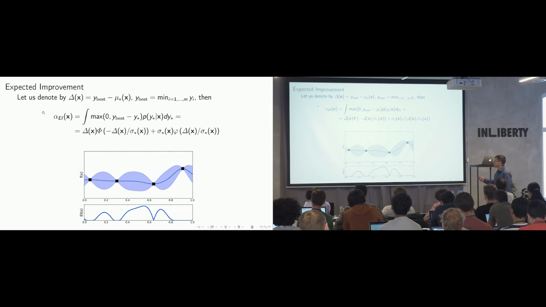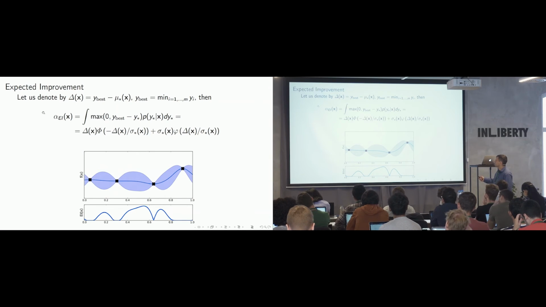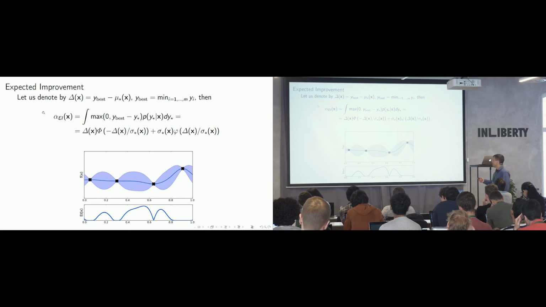But if this difference is positive, then this is very good, and we would like to maximize this. And so we calculate the maximum between 0 and this difference, and average it with respect to the posterior distribution of y star given x. Here x is a point at which we observe this y star, and p of y star given x is the posterior distribution of the process given all existing observations.